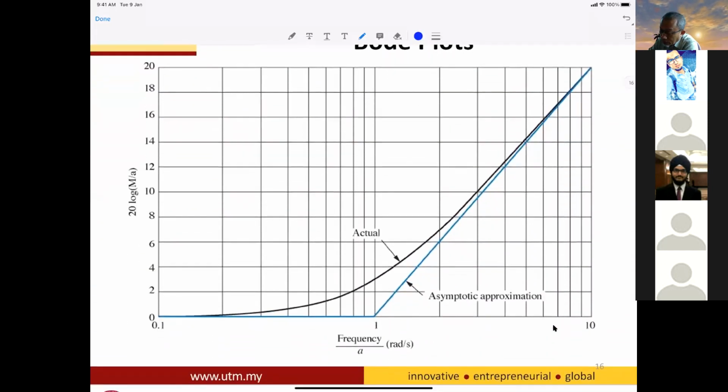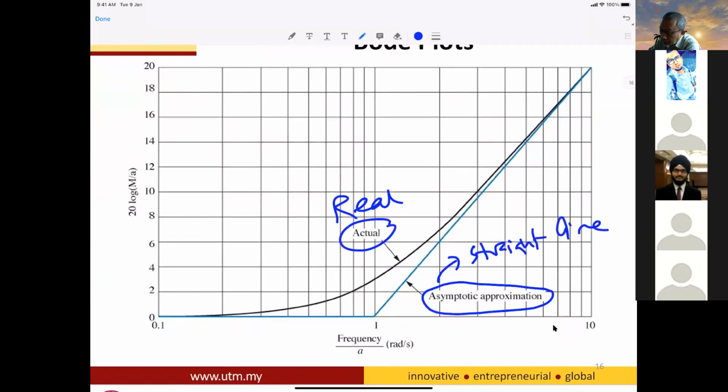As I told you before, we have the actual or the real, the same thing, real and actual. And this one is the asymptotic approximation. Asymptotic meaning a straight line approximation.